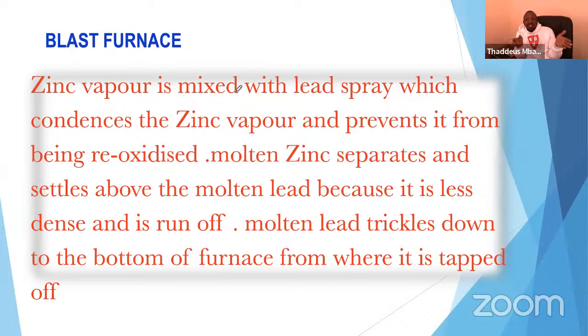So during extraction, they are normally extracted together. When you get the zinc here, you get it as zinc gas, or rather zinc vapor, which you now need to convert to liquid zinc by spraying it with lead spray. Somebody will ask you, what is the purpose of adding the lead spray? To condense the zinc vapor and also prevent it from being reoxidized.